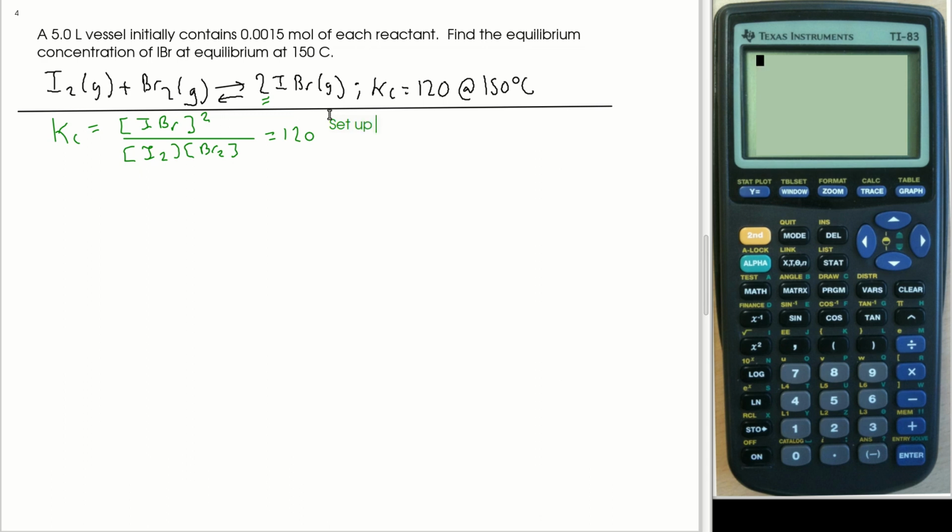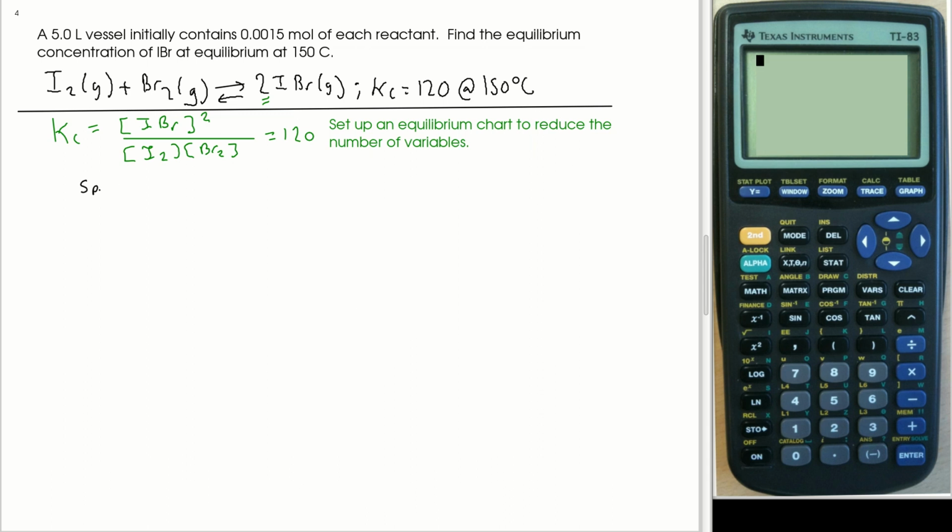So we're going to set up an equilibrium chart to reduce the number of variables. If you have initial conditions and you need to find equilibrium conditions, these equilibrium charts are going to help you get through these problems.